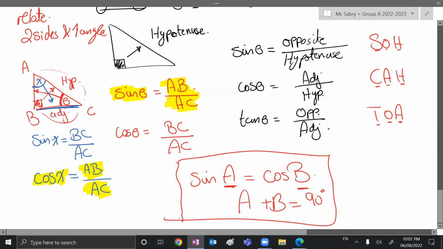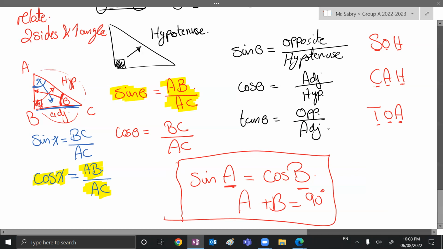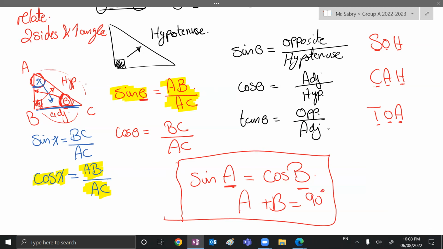Whenever sine and cosine are equal, this means that the angles we're talking about add up to 90. Because if you look at this example, sine theta, which is this, and cosine x, which is this, are equal to each other. And x and theta added together must equal 90, because the three angles together are 90. Does that part make sense?